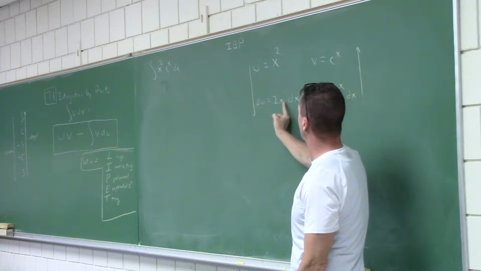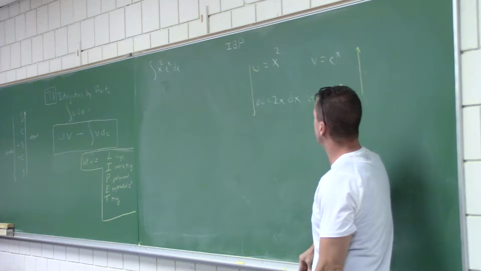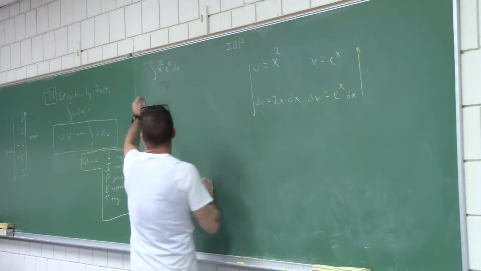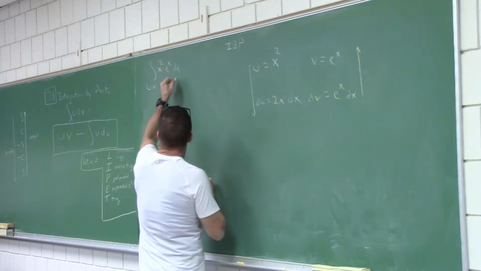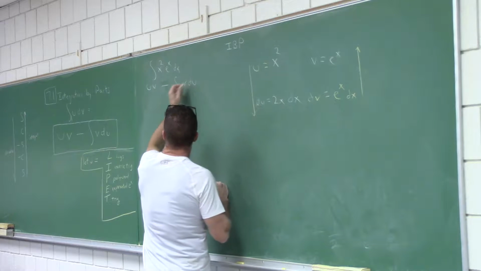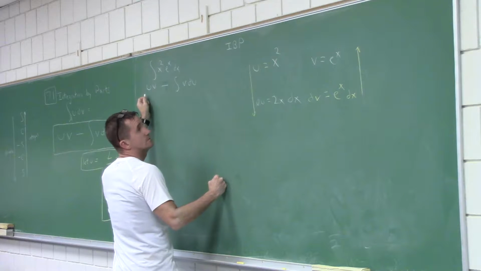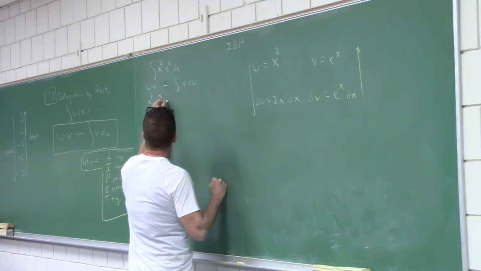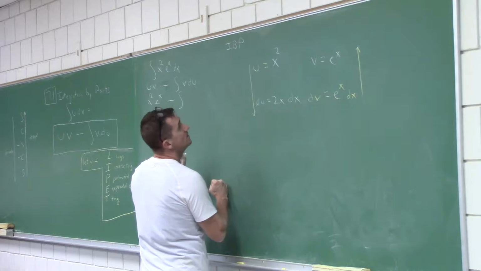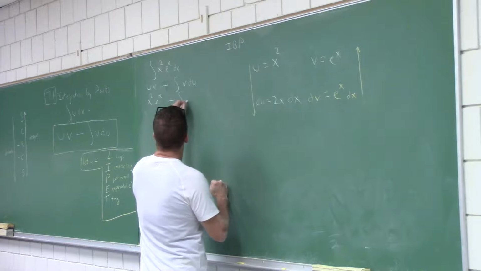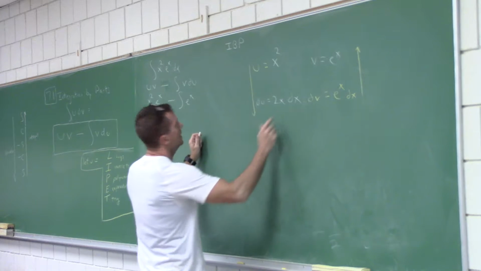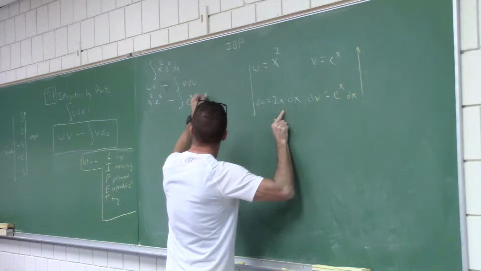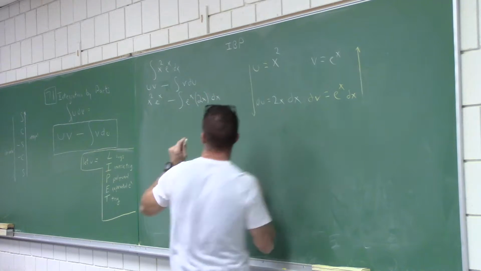If you're x squared, 2x with respect to x, so I do the dx. All right, uv minus integral v du, or voodoo. I get x squared times e to the x minus the integral of e to the x times 2x dx.